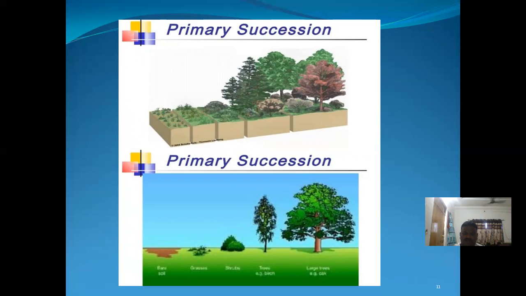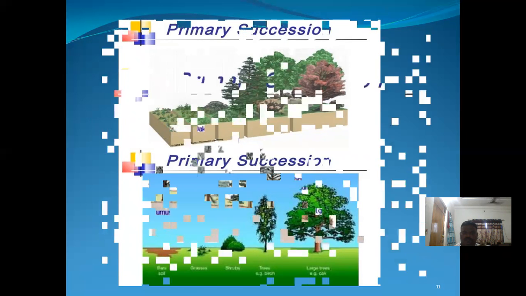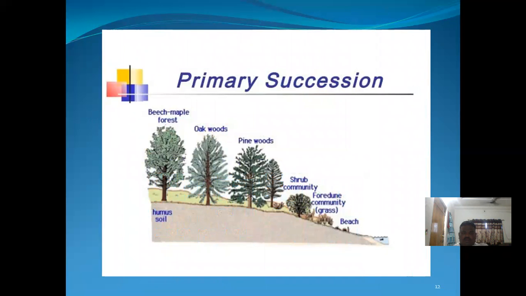Because of adding some nutrients, a small plant grows, it converts to shrubs, then trees and big trees. See the photograph again to understand clearly how it proceeds from the small plants or from the bare land to the biggest tree.